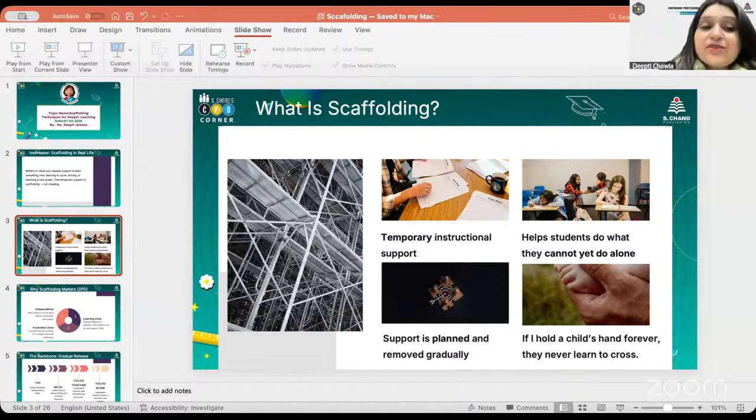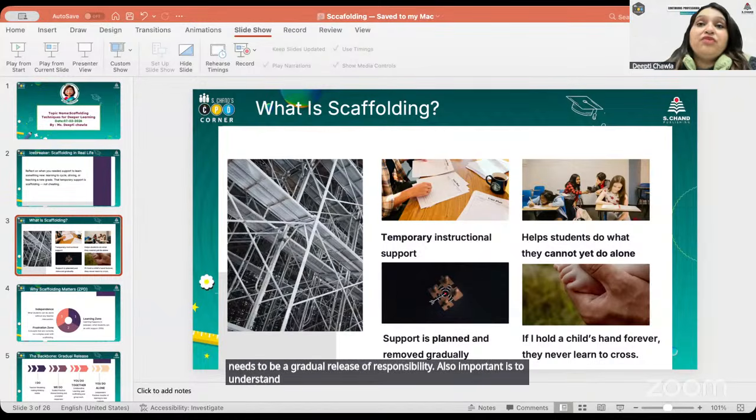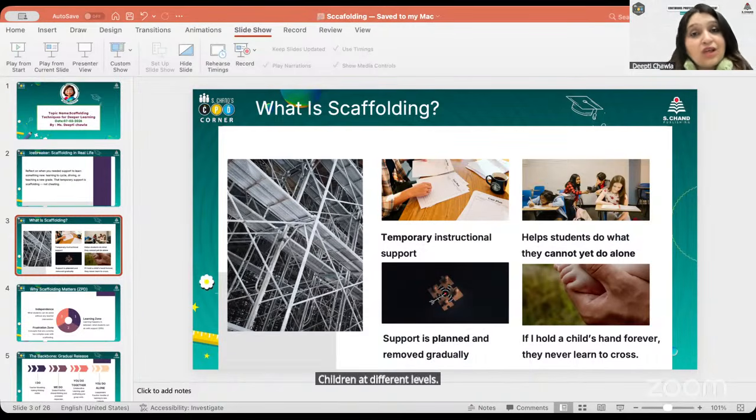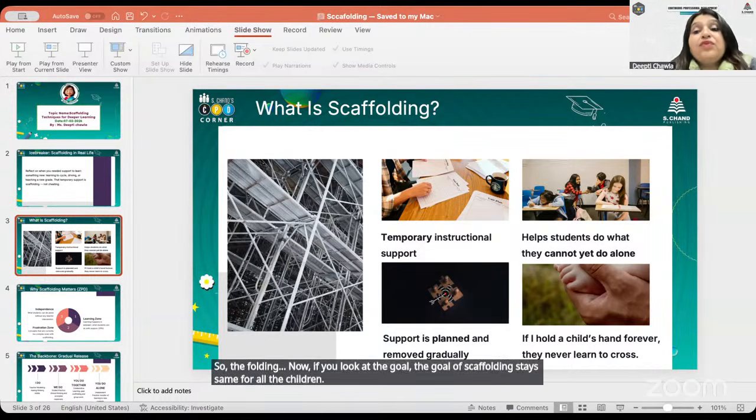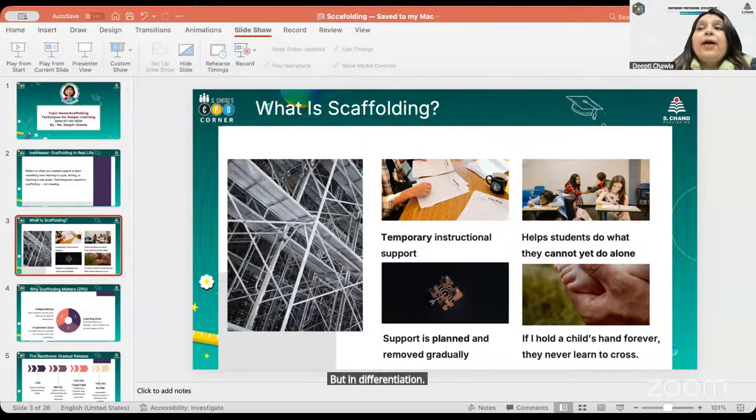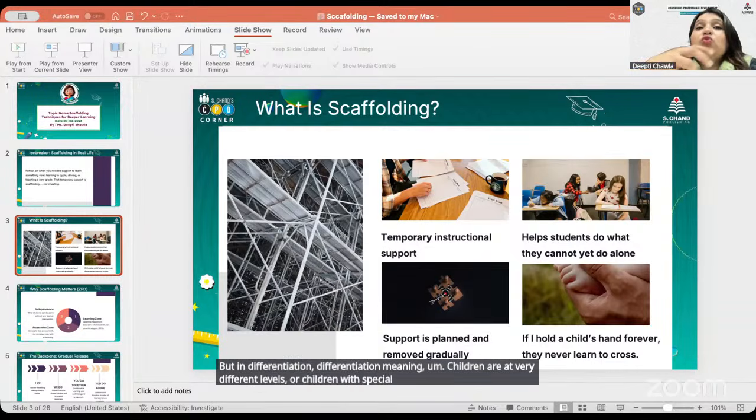Also important is to understand that scaffolding is different from differentiation. Children are at different levels in our classrooms. The goal of scaffolding stays the same for all the children. But in differentiation, children are at very different levels, or are children with special needs, but you want them to participate in all the classroom activities.